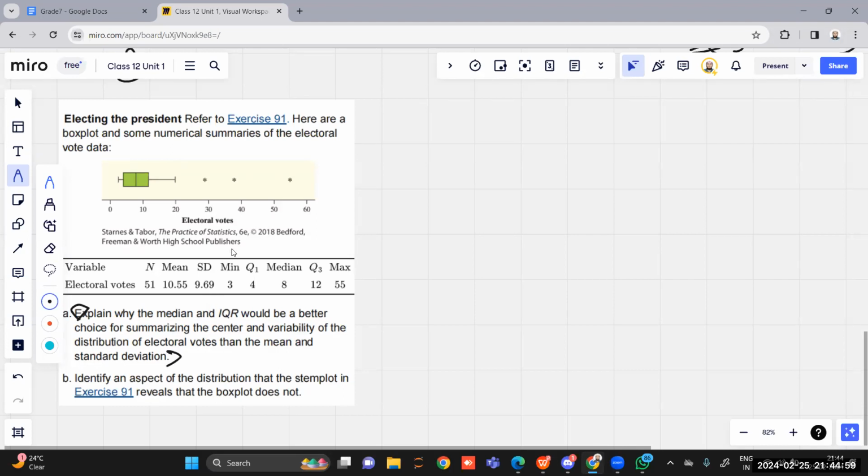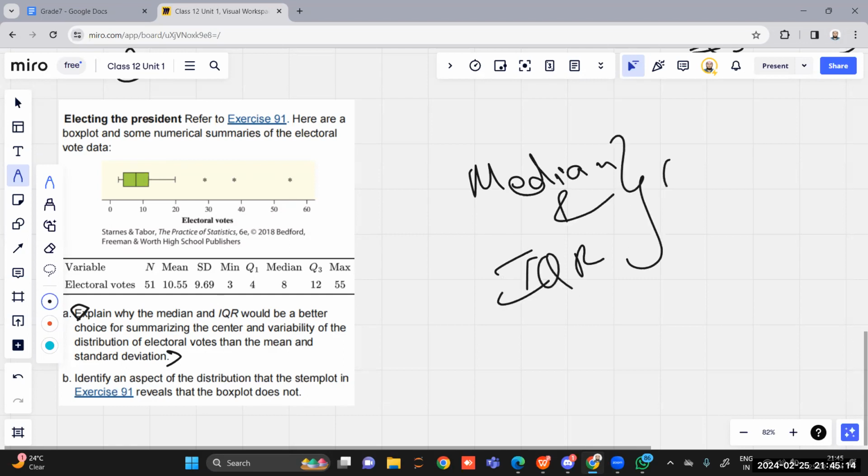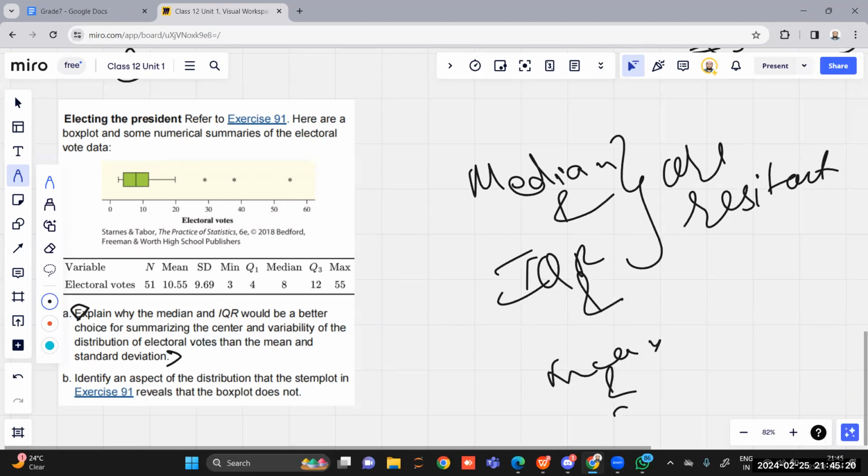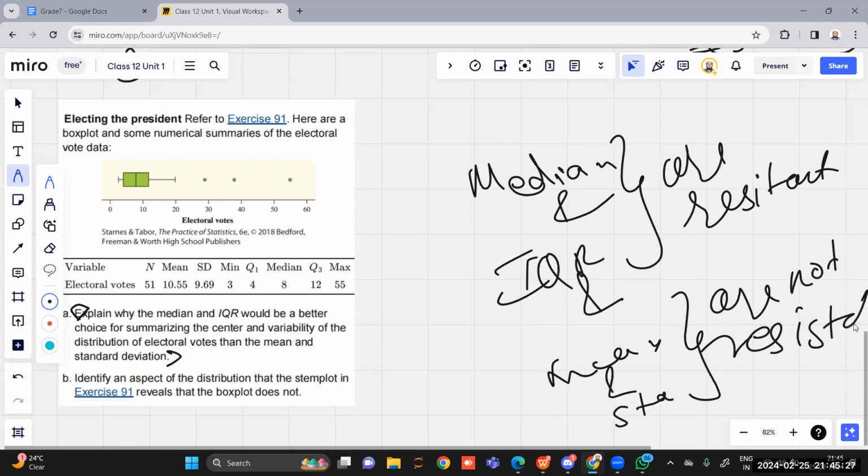Median and IQR are resistant, and mean and standard deviation are not resistant; they change despite the outliers. Therefore, we prefer median and IQR.